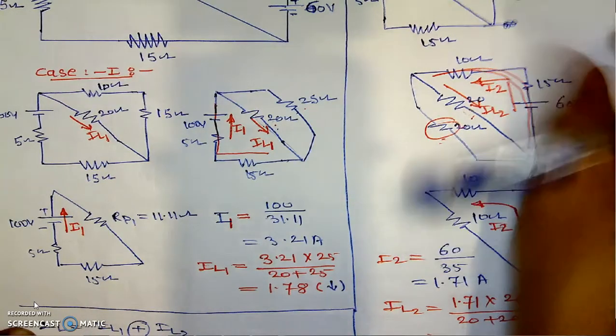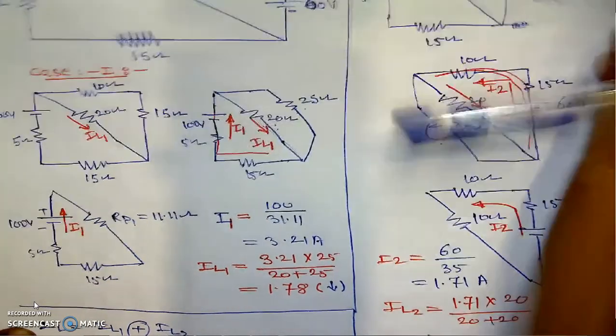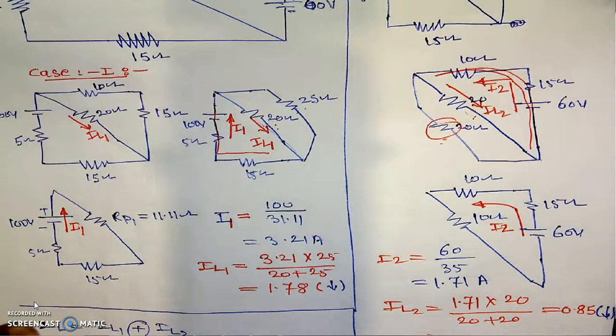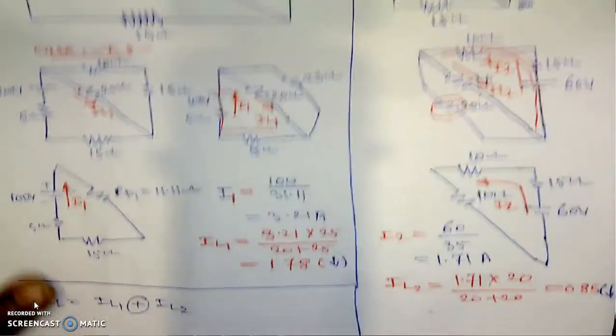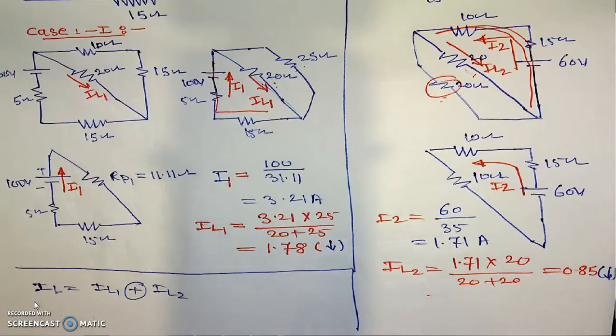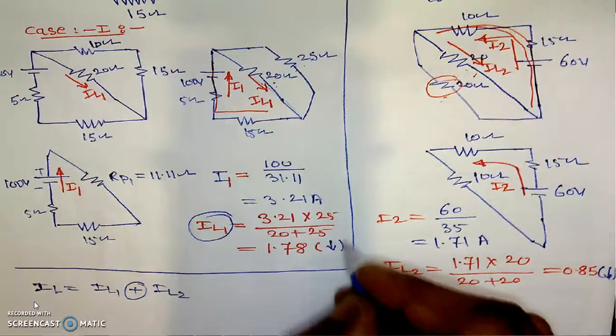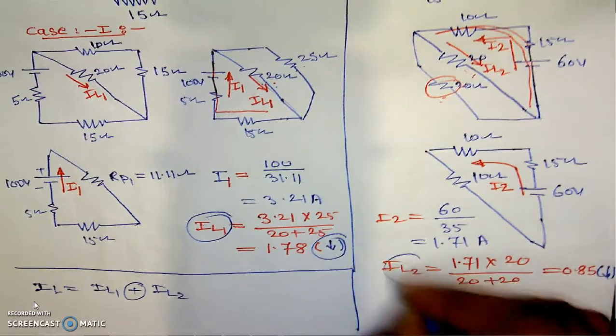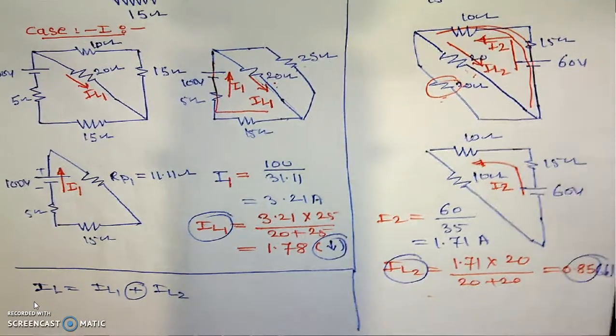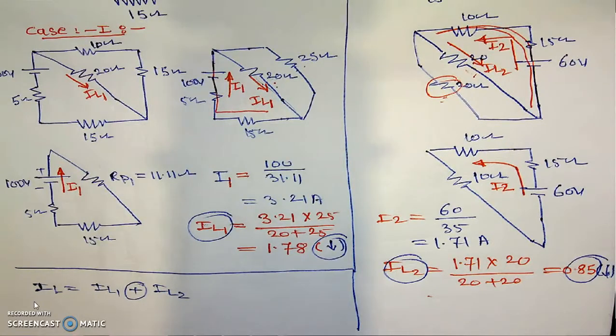Why have I taken this sign as a plus? Because look at the directions of the currents. In this case, IL1, the current flowing through the load resistance due to source 1, is downward. Similarly, IL2 is also downward. The directions of both currents are the same.